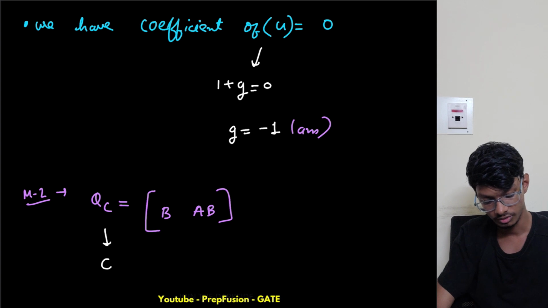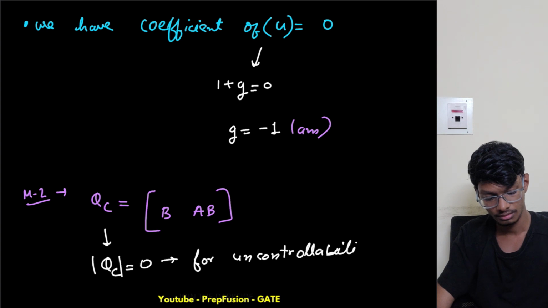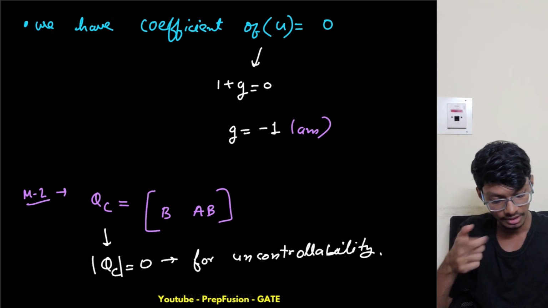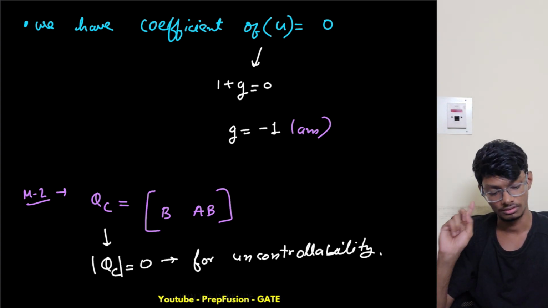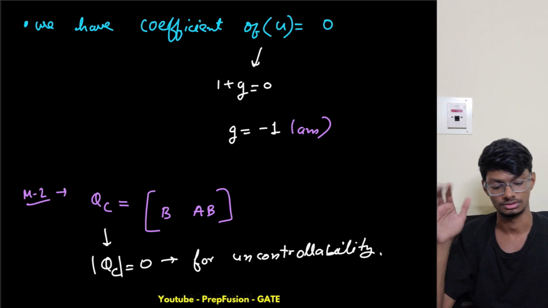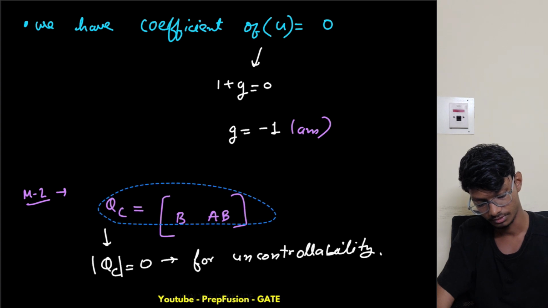For uncontrollability you make the determinant of QC equals 0. So yeah, from there you will find a relation for G, okay. Like G will come out to be some number, from there you can find that G, right? So this is method 2. So this is Kalman's method basically.